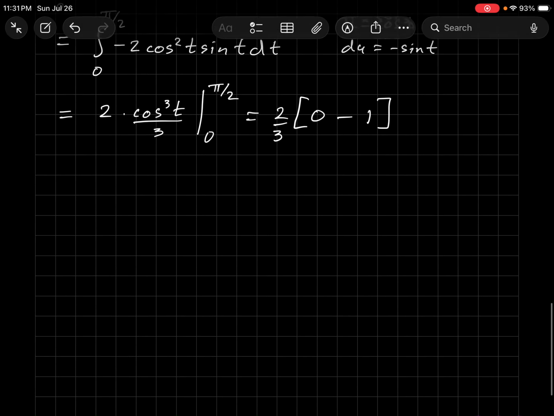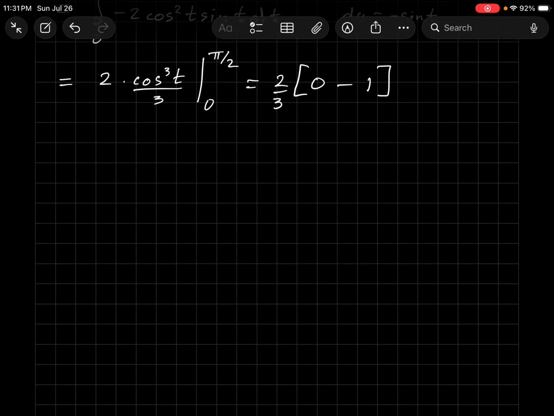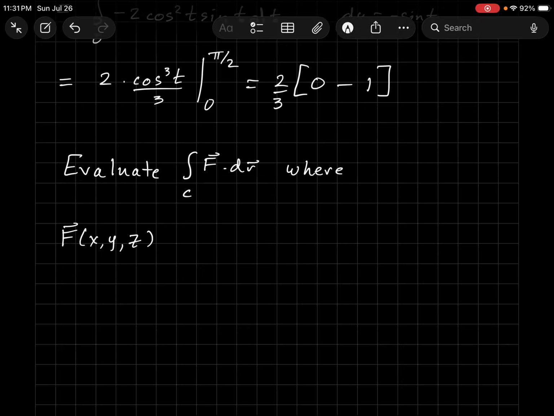And let's do one more example, but let's do this one in 3 dimensions. So let's evaluate the line integral of F dot dr, where our force, which will be a function of x, y, and z, will equal xy i plus yz j plus xz k.